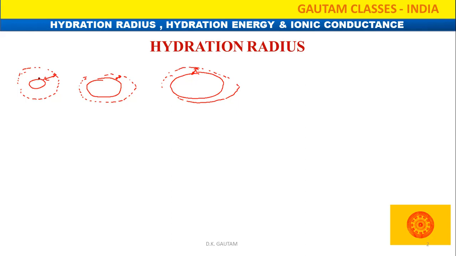That means atoms or ions having a smaller atomic size have a higher hydration radius, because the water molecules have a strong attraction towards the nucleus of that atom, so more and more water molecules can aggregate. So hydration radius is inversely proportional to the atomic size or ionic size.